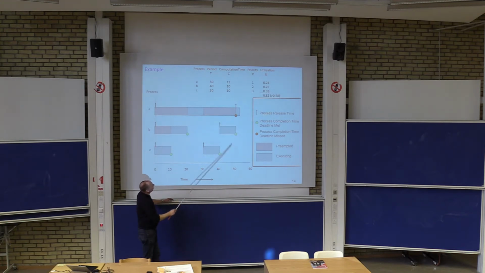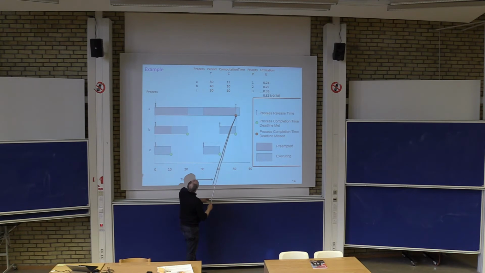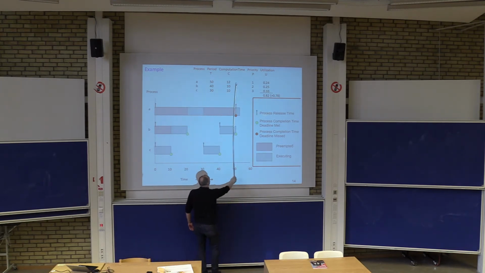And then at time 50, task C is now the only one that would like to execute, but the deadline here was equal to the period. So when the period for task A was 50, here task A will miss its deadline.